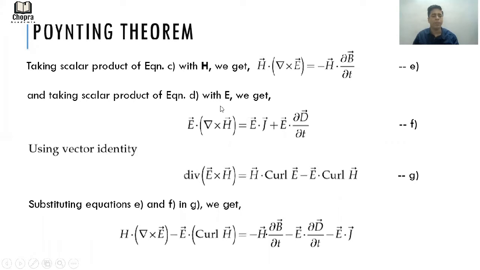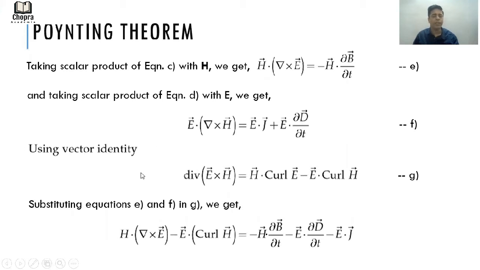We take scalar product of this equation with E vector. So we get E dot curl of H is equal to E dot J plus E dot dou D by dou T. So this is named as equation number F.